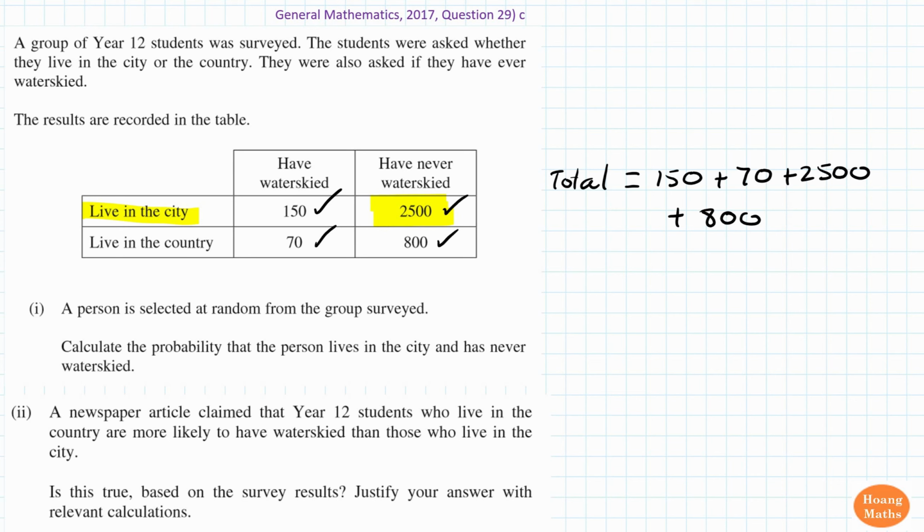So that gives me 3,520. So therefore, the probability, alright, this is part 1. So the probability is 2,500 over 3,520. Of course, I can simplify that.